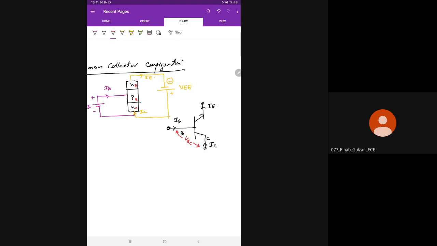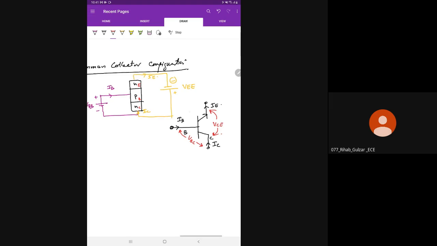And the voltage between collector and emitter, it is known as VCE. And between base and emitter, it is known as VBE. Okay, so these are the three markings. You have emitter here, you have collector here, and you have base here. So this is the common collector configuration symbol of BJT. ठीक है, ये इसकी symbol है.